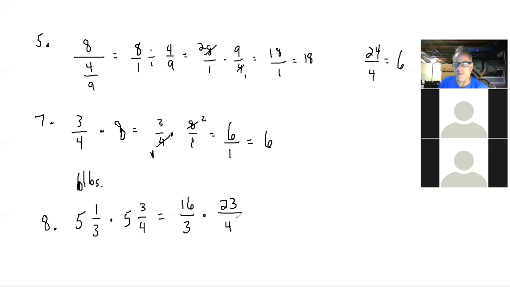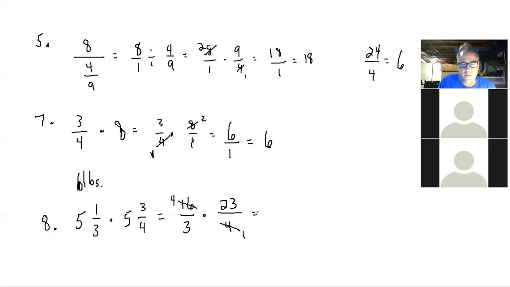Now I go ahead and multiply. I'm going to cancel out like factors just like I had been every time. So I can say 4 goes into 4 once, and 4 goes into 16 4 times. And then there are no other factors to cancel out, and I know that because 23 is prime, so it only has 2 factors, one and itself.